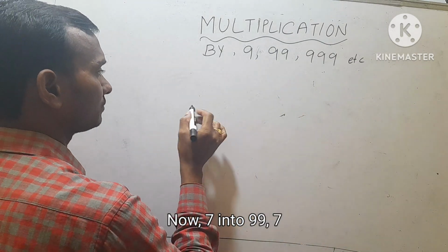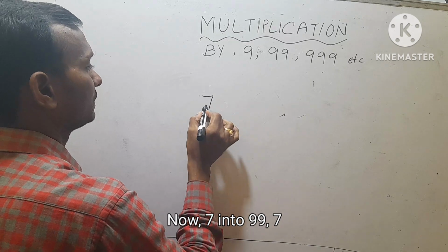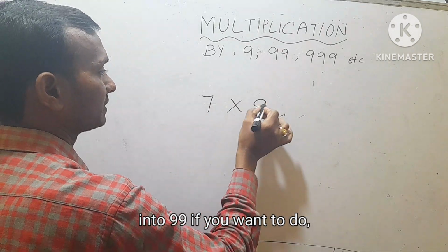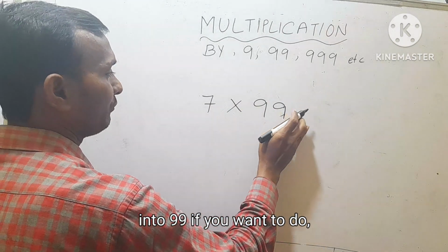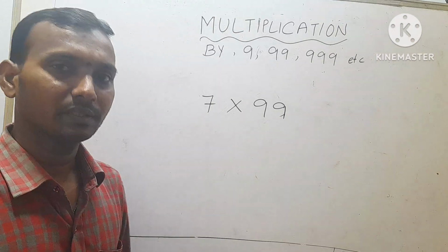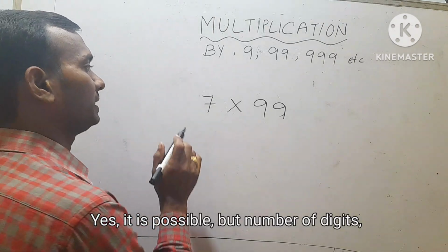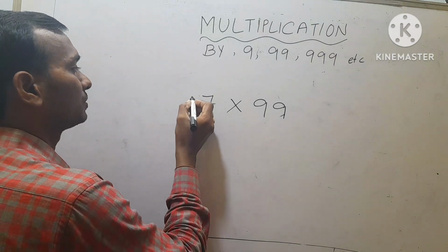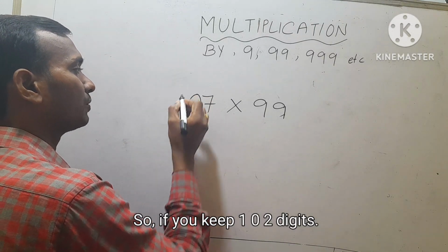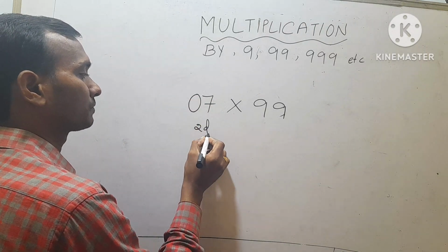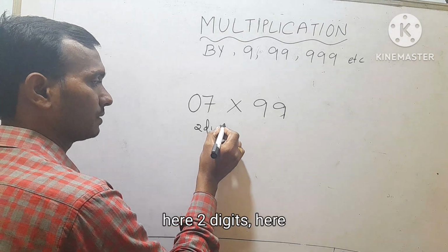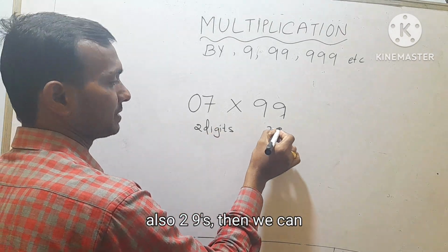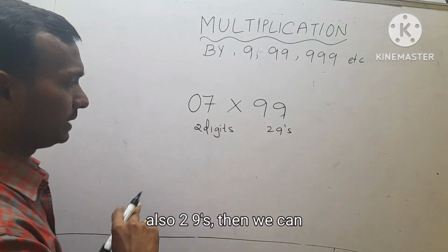Now, 7 into 99. 7 into 99 if you want to do. Is it possible? Yes, it is possible. But the number of digits and the number of 9s should be equal. So, if you keep a 0 in front, 2 digits, here 2 digits, here also 2 9s.